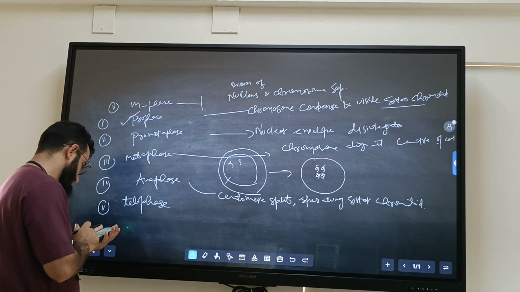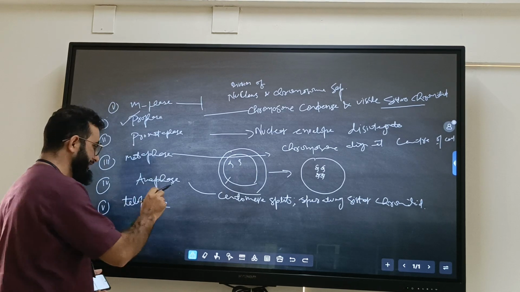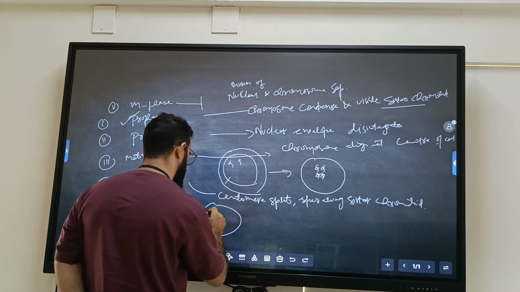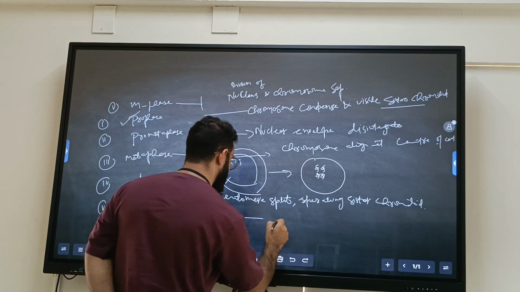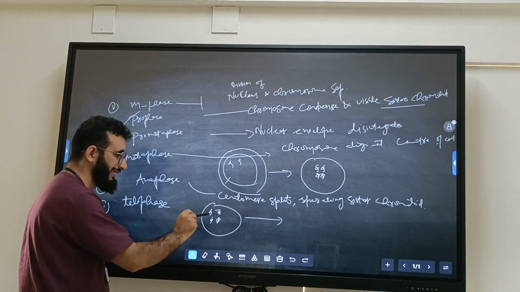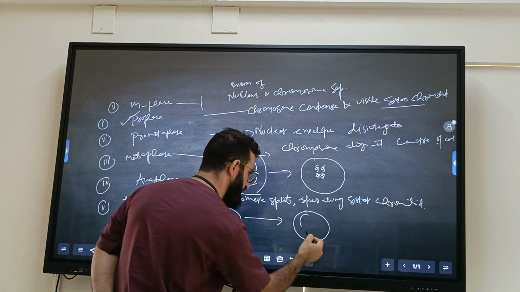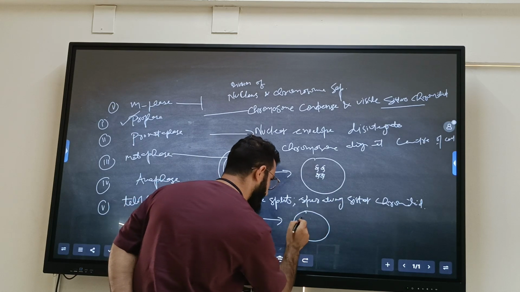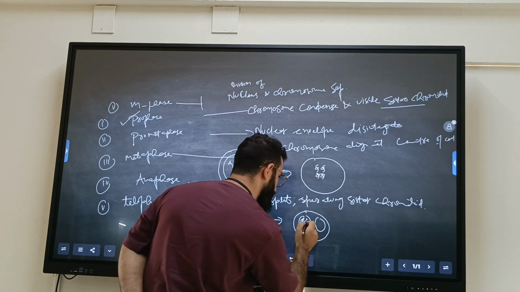And in telophase, see, in the telophase what happens? There will be growth of nucleus inside. See, this is a cell, and there will be formation of nuclear membrane again, but two nuclear membranes like this, containing chromosomes.